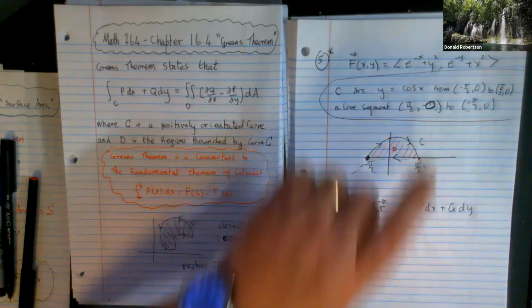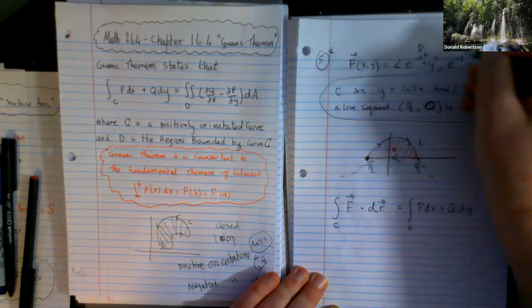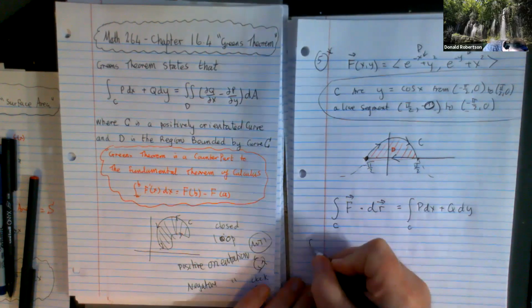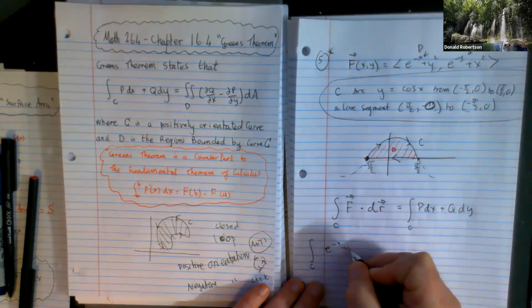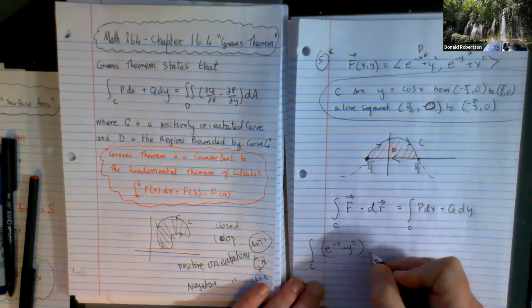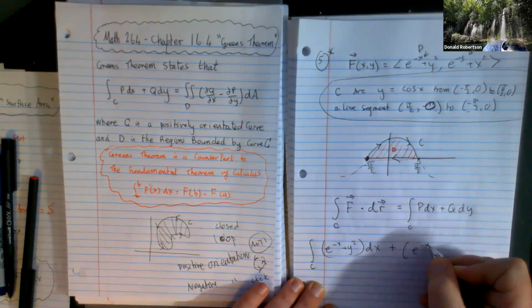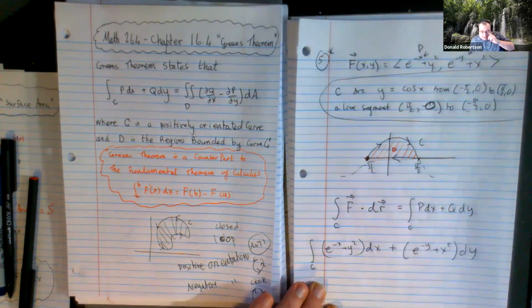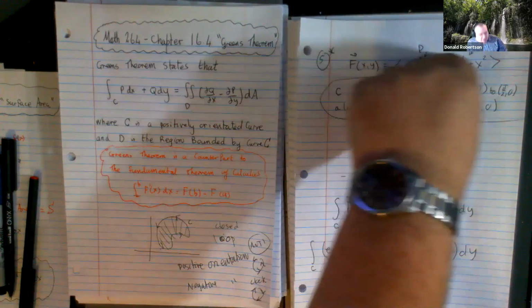And P is him, and Q is him. So essentially, we're being asked to find this line integral: e to the negative x plus y squared dx plus e to the negative y plus x squared dy. Are we comfortable about how this became that?